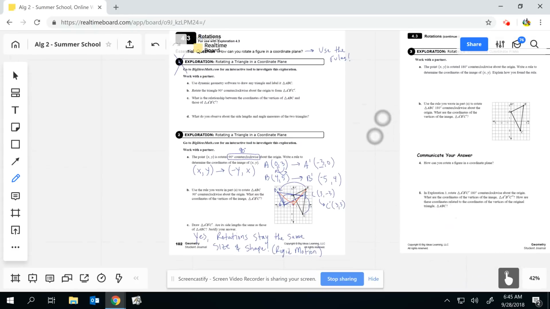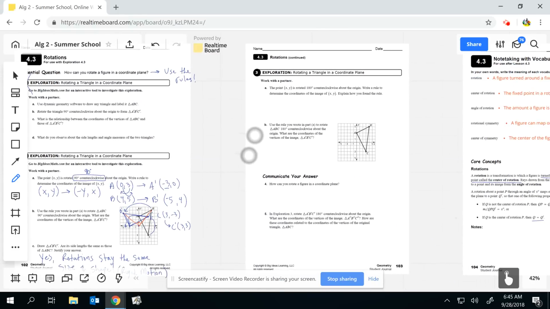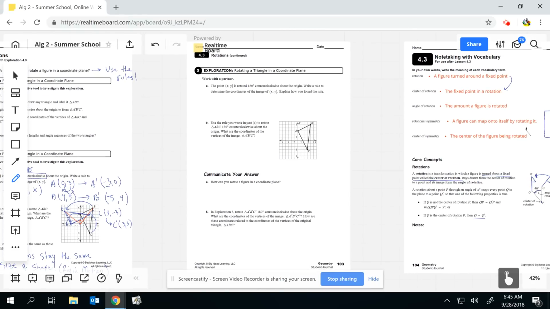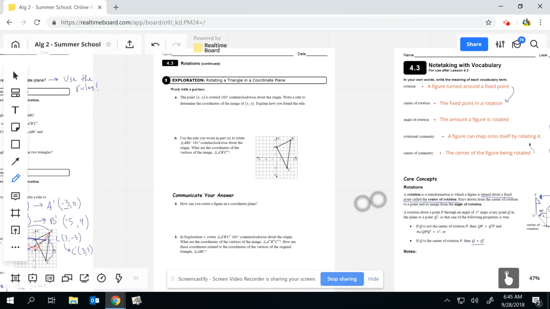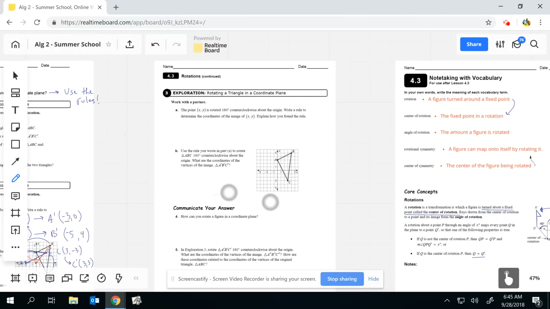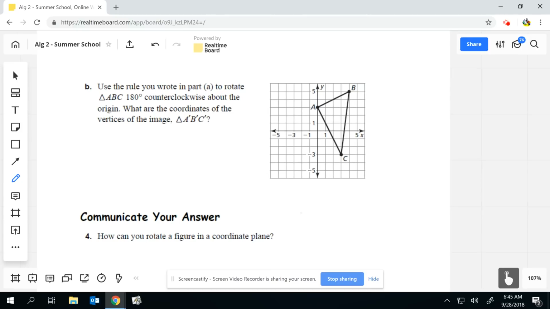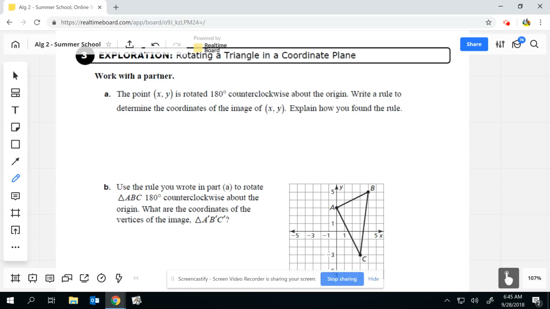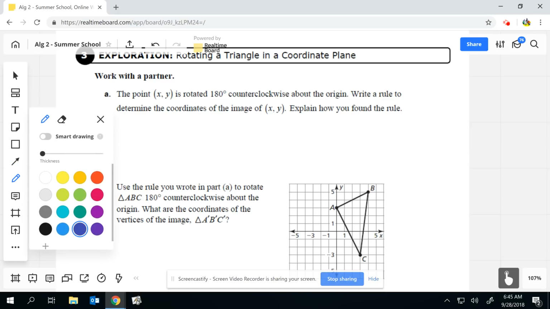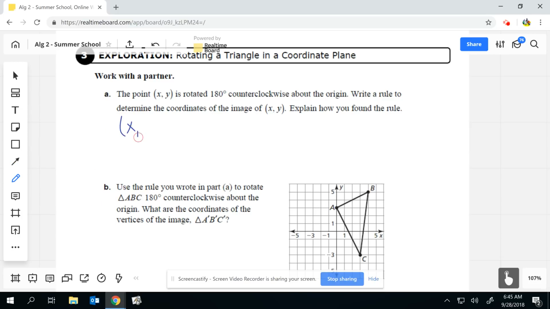That was what was 102, 103. You're rotating it 180. So we got our 180 rules that we want to use on this one. Okay, so in the 180 rule, XY is just going to become negative X, negative Y. That's the 180 rule. You're just going to change the signs.